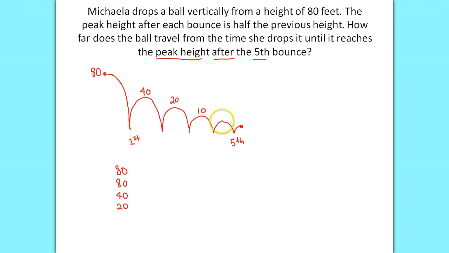And then we come up to here, which would be half of 10, which is 5. So this entire bounce is 5 plus 5, which is 10. And then we want to go back up just to the peak height there, and that is going to be half of 5, which is 2.5.